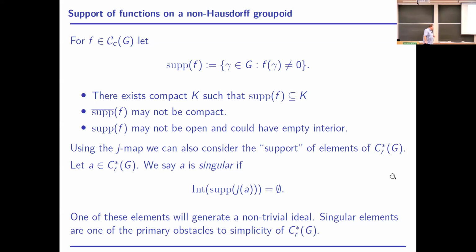Now if I take a product of any of these things, I'm also going to get something with an empty support. So one of these elements is going to generate a non-trivial ideal if there are any non-zero ones. So singular elements are one of the primary obstacles to simplicity of C*_r(G).